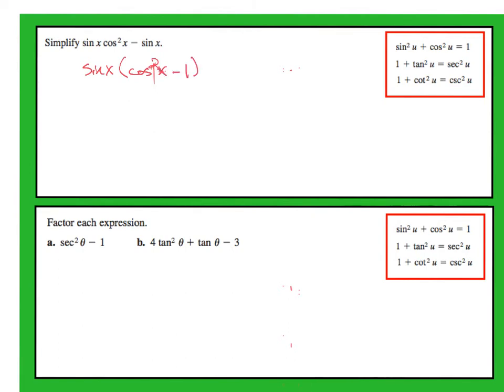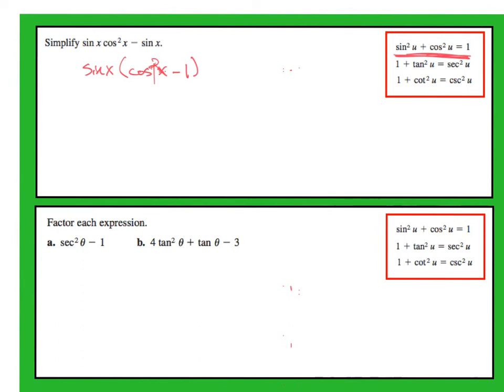All right. Now, is cosine squared x minus 1 anything? It is something. All right. Now we're going to have to manipulate these Pythag identities. How could I get to cosine squared minus 1? What would I have to do to this formula? Switch the 1 and the sine squared. So cosine squared minus 1 is actually what?